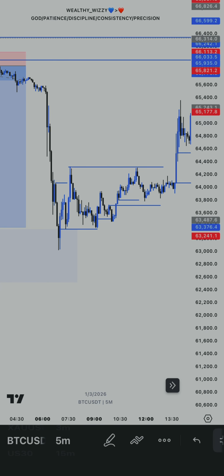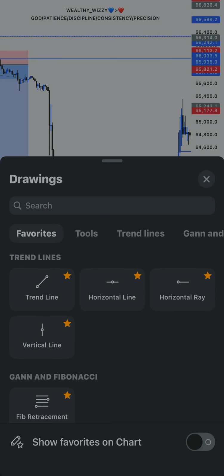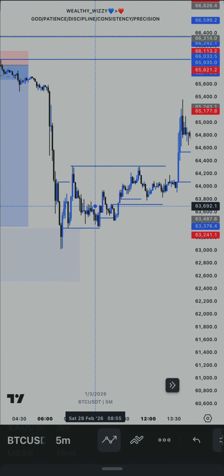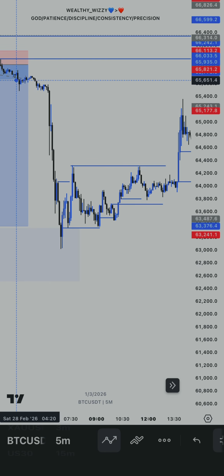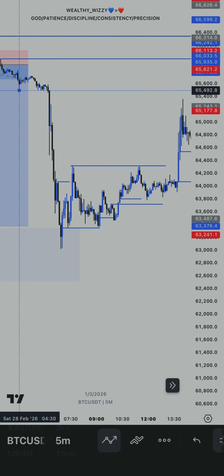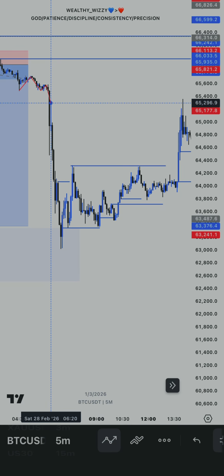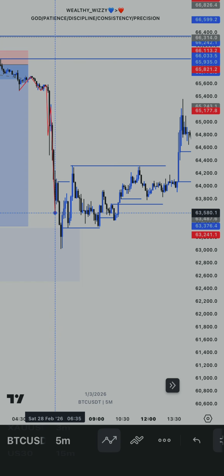Now going to 5 minutes time frame, price was selling. This is how I analyze my chart. I always want to read the structure first before doing anything. Price was selling, as you can see, gave us this lower high, and this was the last low.